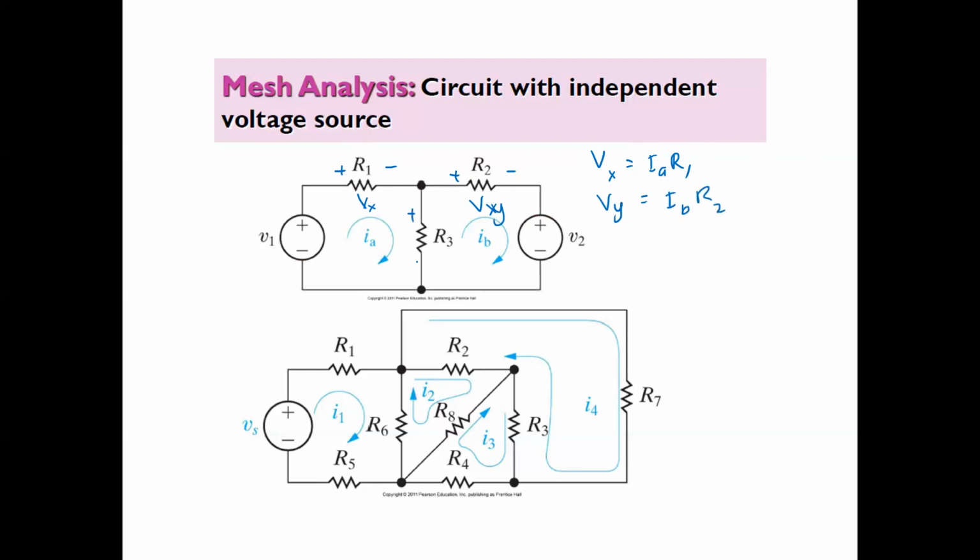And what about this one, Vz? Since this is positive, meaning that we assume that IA is much larger than IB, and you have two currents, you must write down (IA minus IB) multiplied with R3.